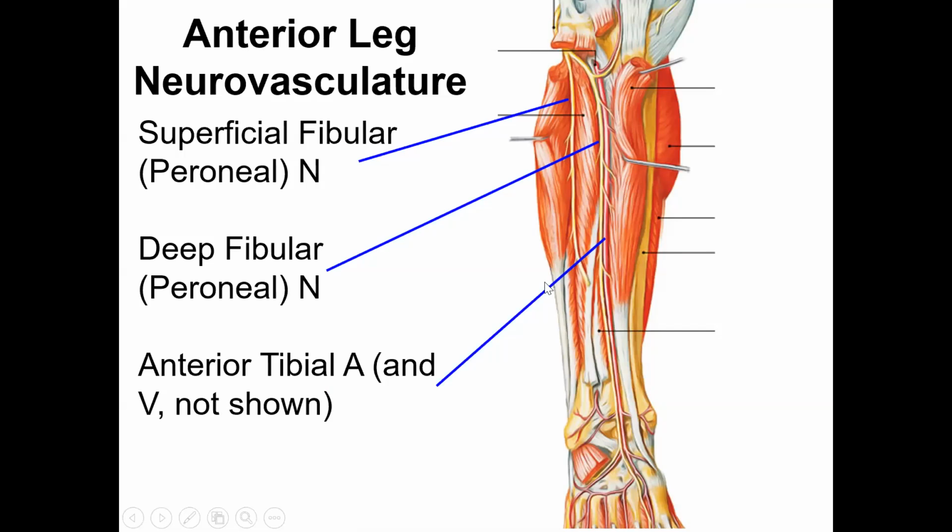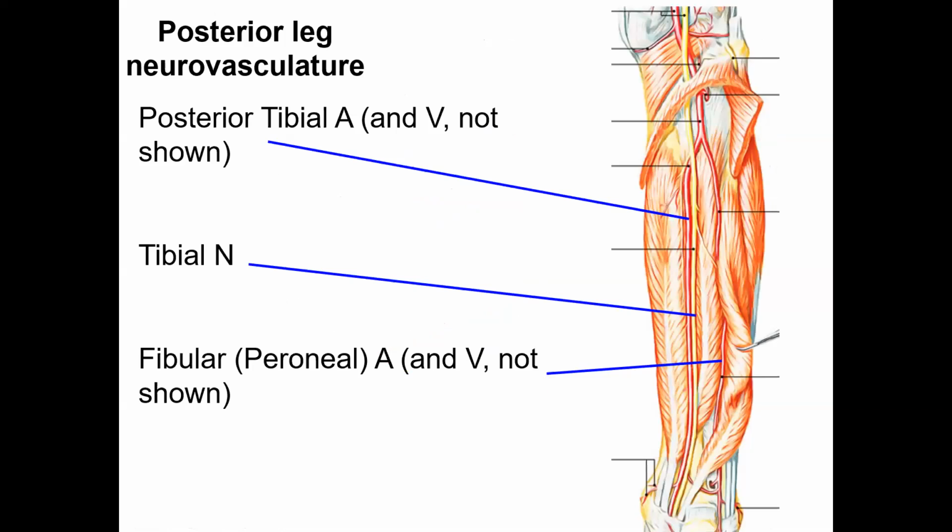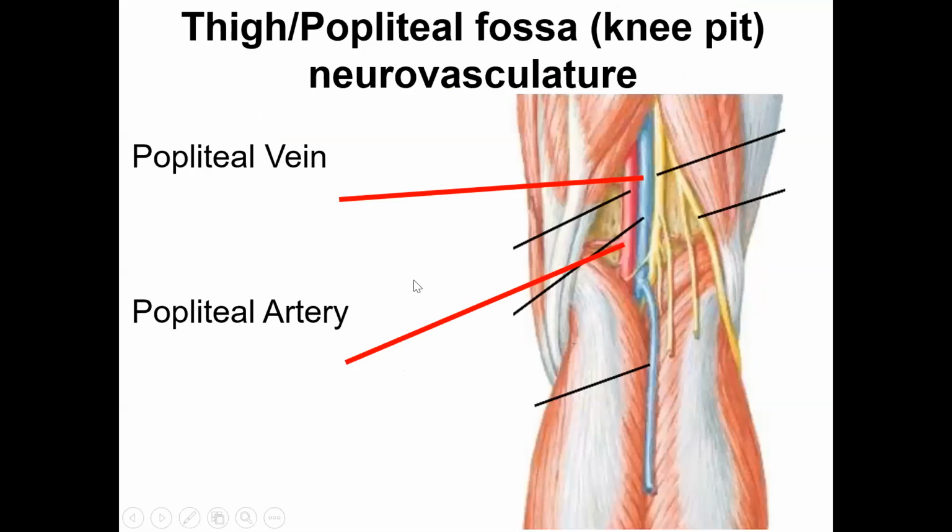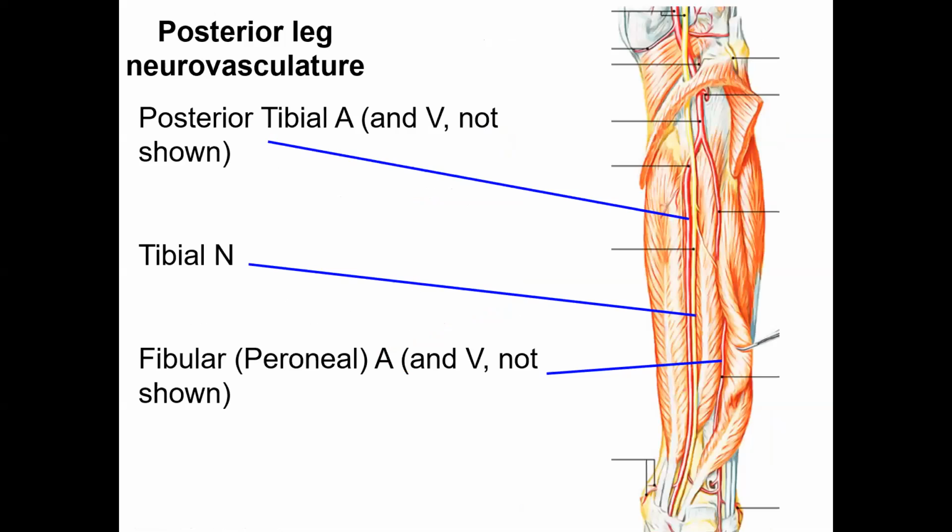And those are what the popliteal artery will then branch into. So the popliteal artery branches into the posterior tibial artery, and posterior tibial vein is what the popliteal vein will branch into. And then we've got the tibial nerve, which continues descending here, running alongside this posterior tibial artery.